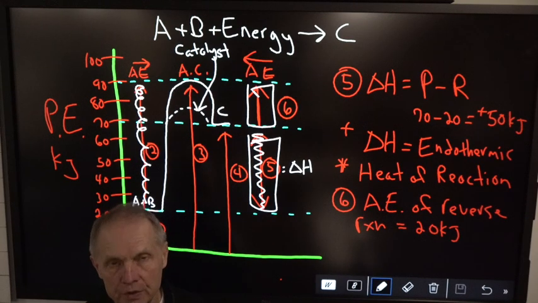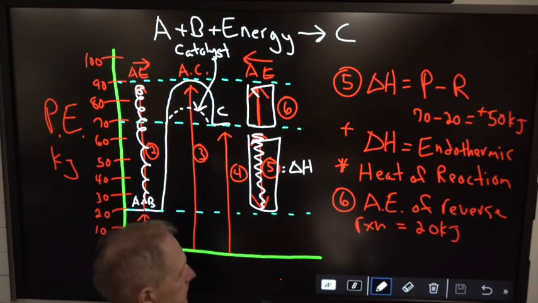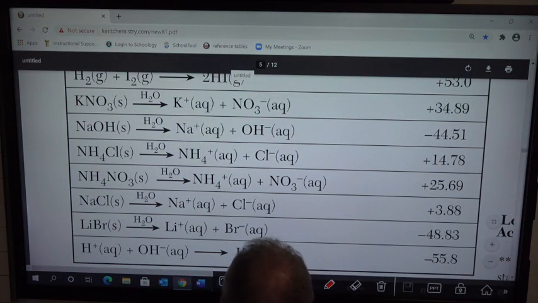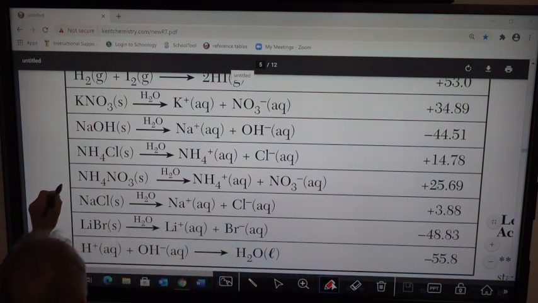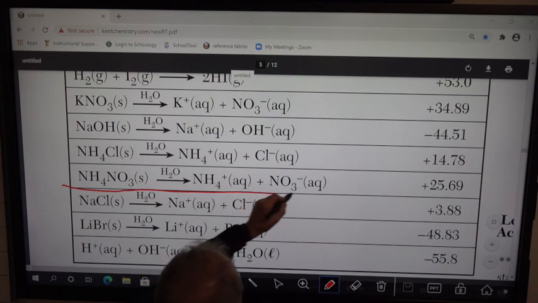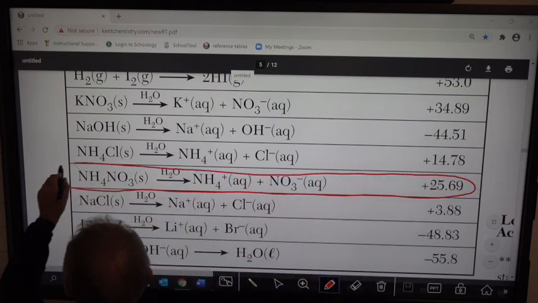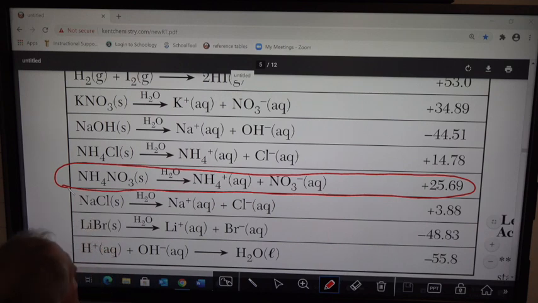Now, I'm going to show you one that we did in class. This one right here. That is ammonium nitrate.